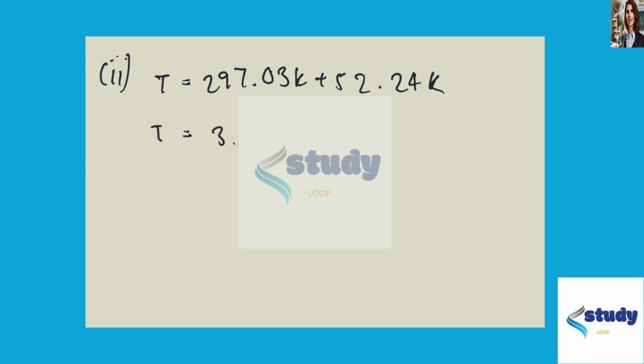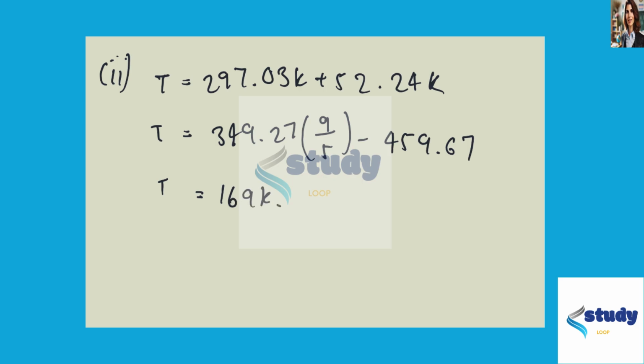So that is equal to 349.27, multiplied by 9 over 5, subtract 459.67, T is 169 degrees Fahrenheit. Degrees Fahrenheit are the units. And so therefore the final temperature of the pads is 167 Fahrenheit.